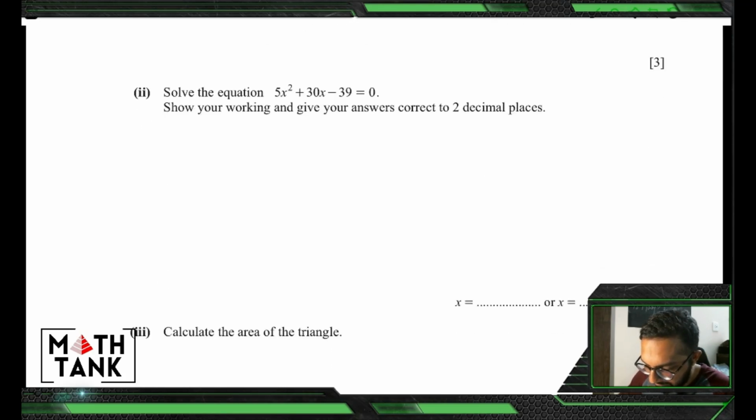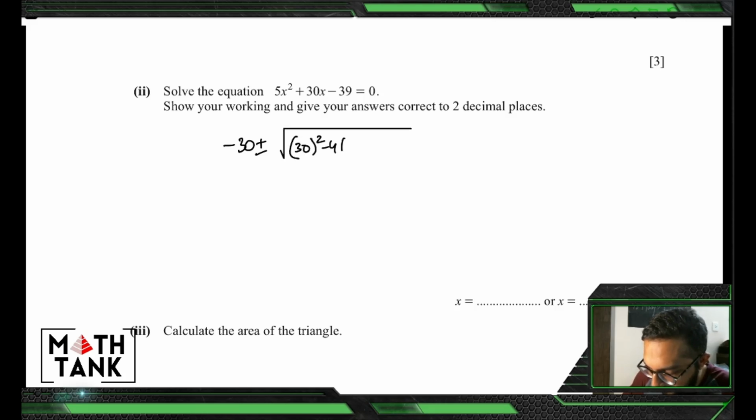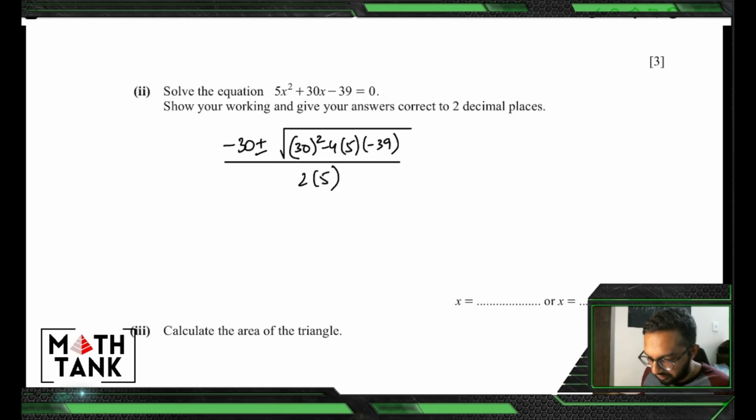Then it says solve the equation. So minus b plus minus root of b square minus 4ac over 2a. Okay, so again writing this and then putting the numbers on your calculator and giving two final answers is the right way of doing it.